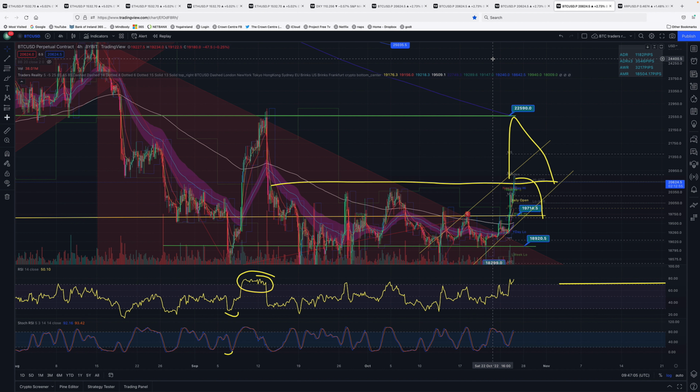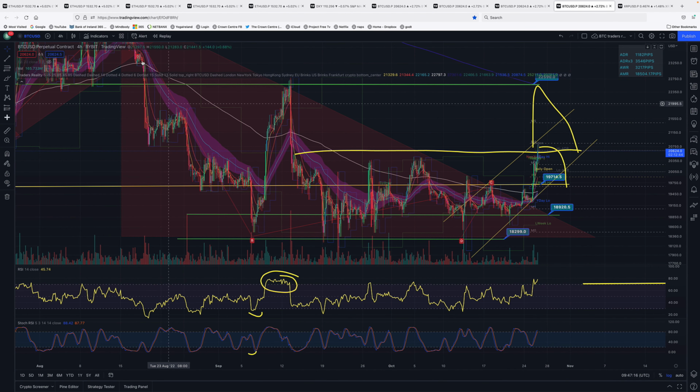But again, I don't think it's going to go past the 22.5/22.6 without a retracement. It cannot go up like this vertically. I know that it did it here, but here it was coming from this very abrupt move downwards. This was the yo-yo effect upwards. Here we need a little bit more of a lift.